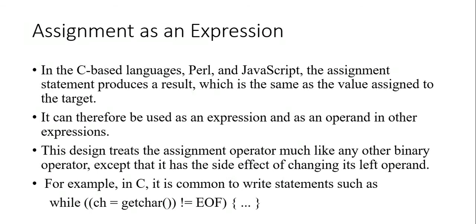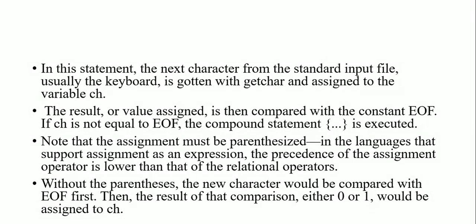The next character from the standard input, usually the keyboard, is gotten with getchar and assigned to the variable ch. The result or value assigned is then compared with the constant EOF. If ch is not equal to EOF, the compound expression, this one, is evaluated.